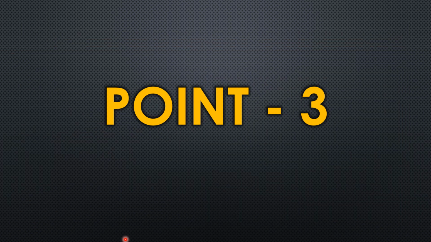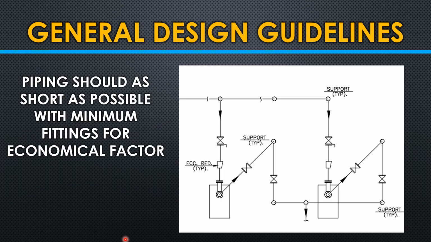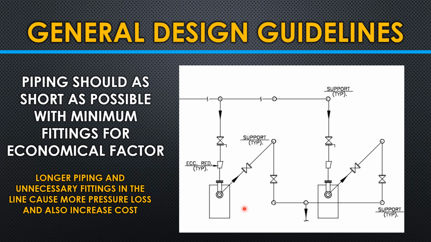Now, let's go to point number 3. Piping should be as short as possible with minimum fittings for economical factor. Look at the picture over here where the pump pipings are shown. Suction piping and discharge piping. How beautifully it is made with fewer fittings. If you are going to put a lot of fittings, then it will cause a lot of economical factors also.